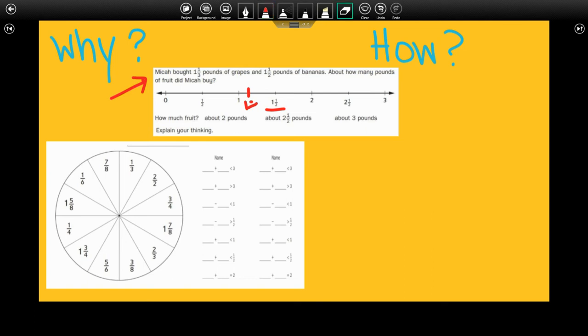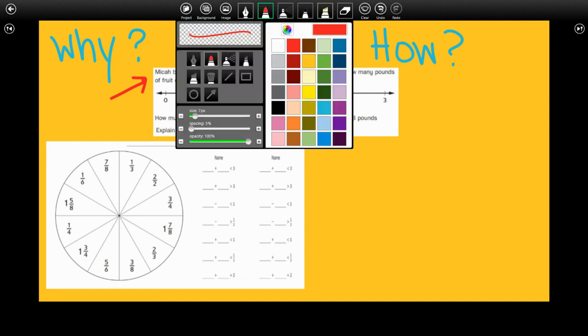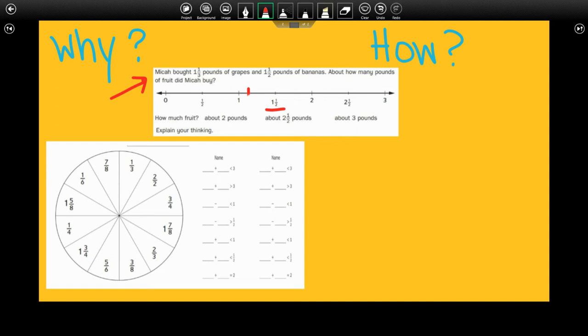Let me try that again. My pen tool is too thick, so let me change that. Maybe if I write it up here, 1 1/3, and then of course that would be our 1 1/2 that I already underlined.